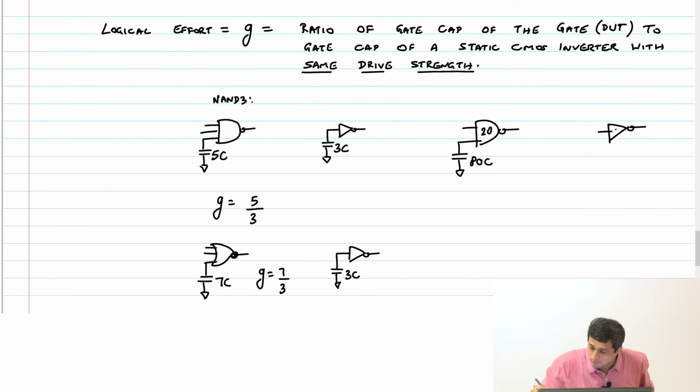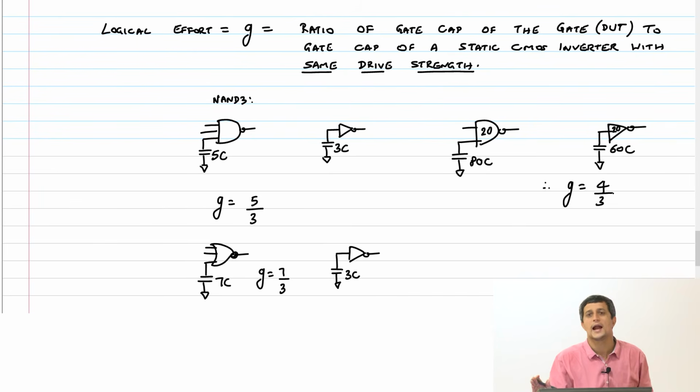So I will make this stronger by 20x, and you will get a capacitance of 60C, and therefore G will always be 4 by 3 for a NAND 2 gate with whatever drive strength. That's understandable because it's called logical effort, which means it depends only on the logic that is being implemented by that particular gate.